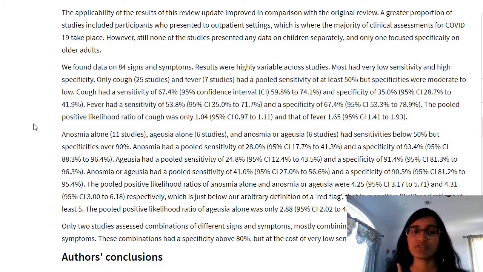I don't always know if I'm pronouncing that right, but anosmia is a loss of smell, and ageusia is loss of taste. So both of these had sensitivities below 50%, but specificities over 90%, which means it was fairly bad at predicting the presence of COVID, and it couldn't be used as an indicator of COVID.